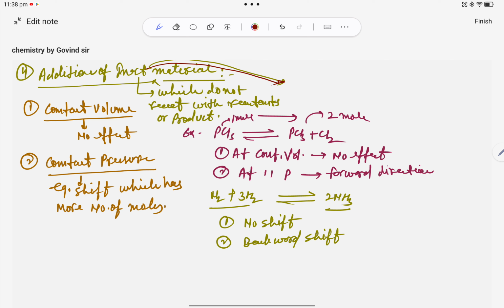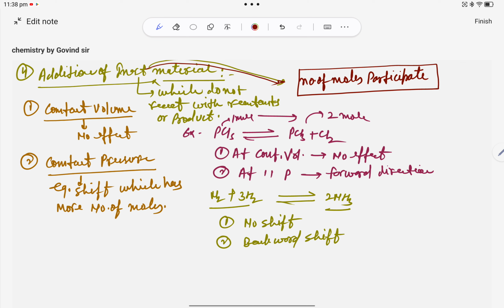The number of moles participating in the reaction will not increase, because it is inert material and is not reacting with reactant or product.